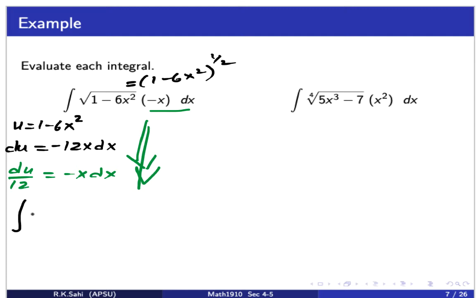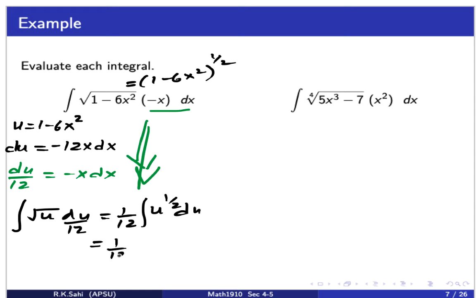This whole integral is the square root of u, du over 12. Make it nicer looking by taking the 1 over 12 outside: u to the power half du. Now this is simple, integral rules: u to the power 3 halves over 3 halves, and you take the 3 halves up, which gives 1/12 times 2/3 u to the power 3 halves.